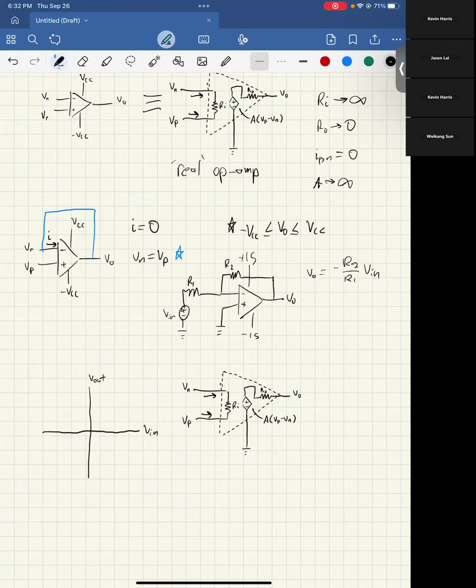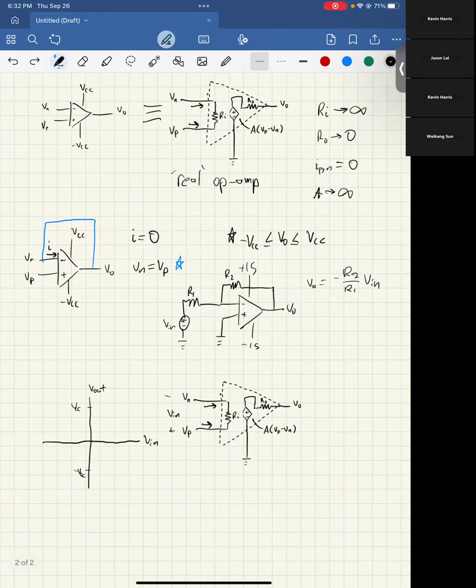So if we define V plus minus Vn as V in, then what we'll end up seeing is minus VCC and VCC. I would say that's not quite right. It would be VCC over A and negative VCC over A. What we end up seeing is that these match up until you get to this point, and then it'll be clipped at VCC.